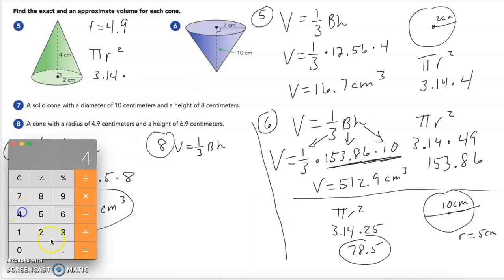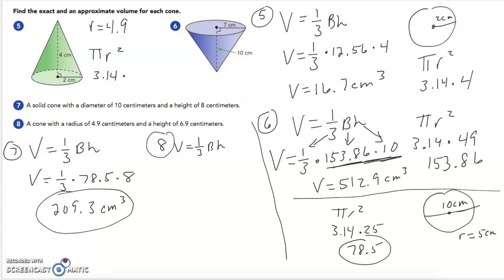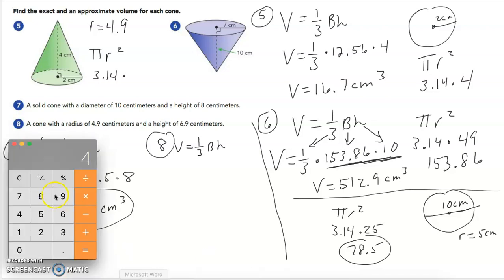Let's do that. 4.9 times 4.9 equals 24.01.